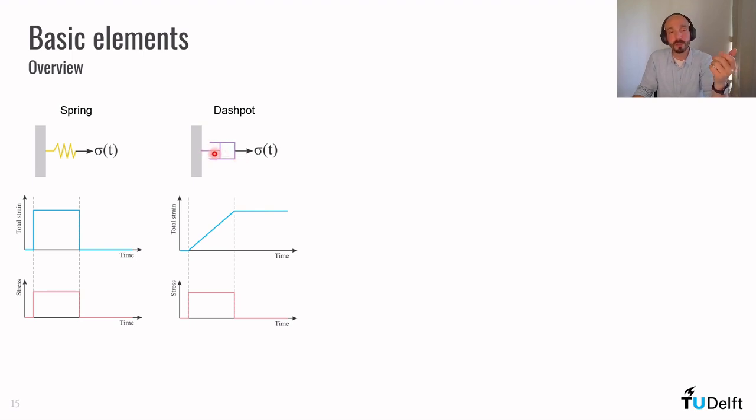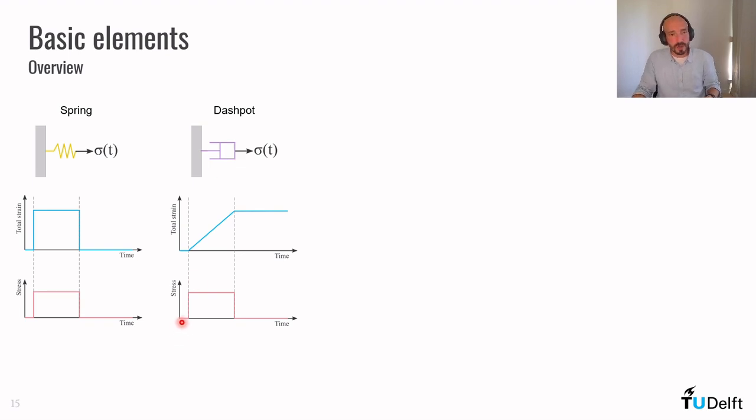When we move the piston, the fluid passes through the small spaces between the cylinder and the piston. The smaller the viscosity, the easier the fluid passes through those small spaces. So that's how you can think about a dashpot.